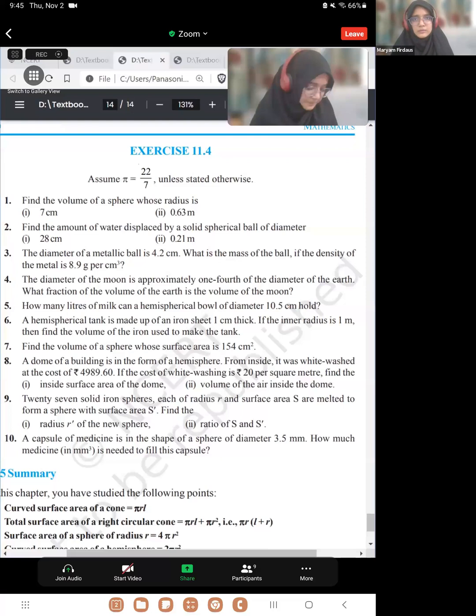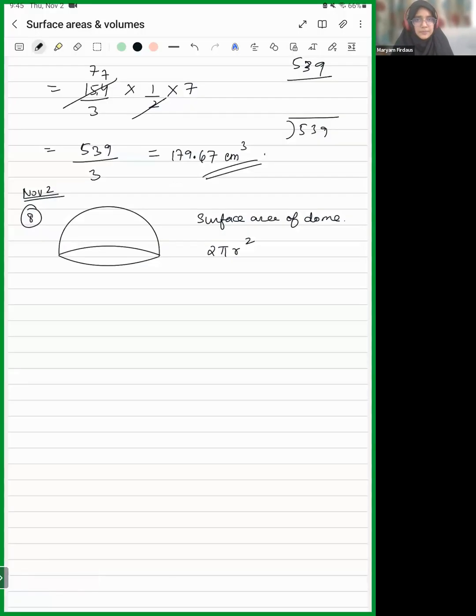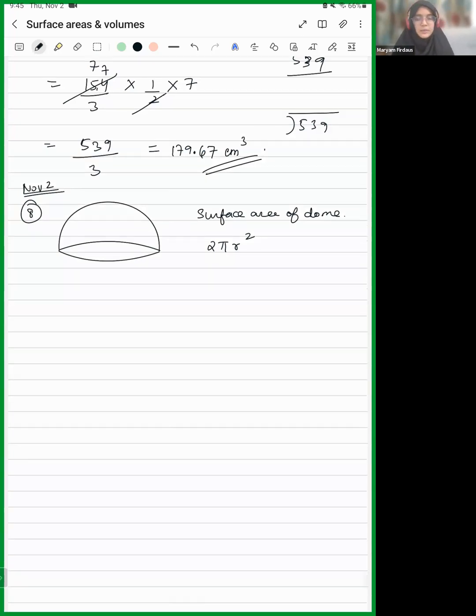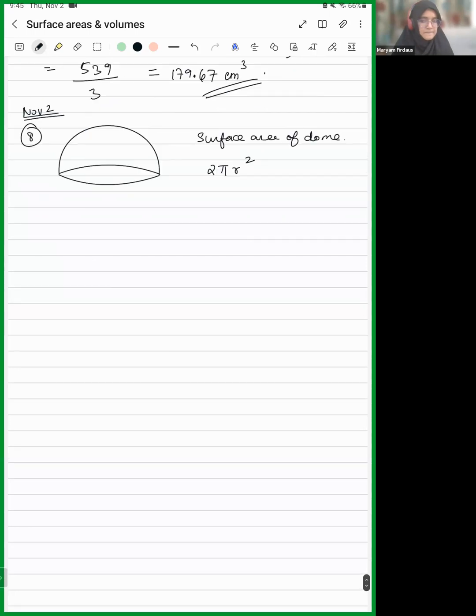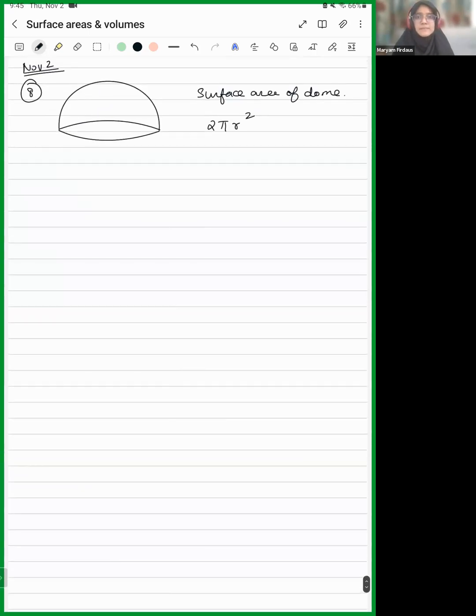Can you see my whiteboard? Are you able to see my whiteboard? Yes, ma'am. Okay, just the PDF. Prishita, what did you say? Not the whiteboard, I can just see the PDF of the textbook. Please try to swipe left or right and you will be able to find the whiteboard. Ma'am, I'm on a laptop.